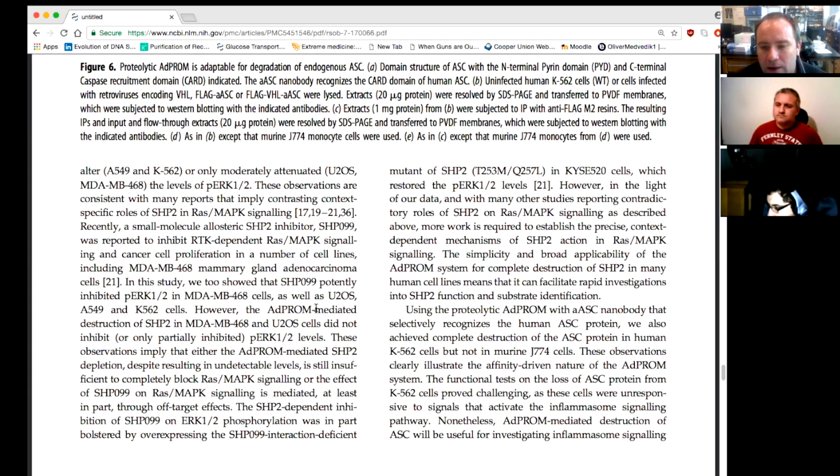So how efficient would this system be if, let's say, we had a monobody against some sort of misfolded protein or beta amyloid plaques? Probably not plaques or neurofibrillary tangles that are outside of the cells, but proteins that are misfolded inside of the cells. How effective would this system be? Because it's utilizing the endogenous proteolysis system of the cell, which has problems digesting these things.